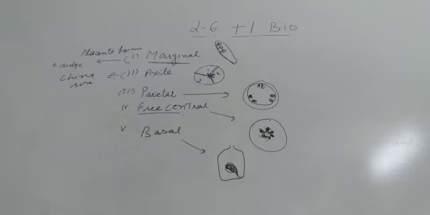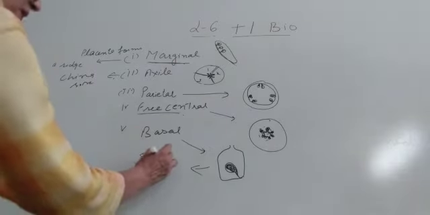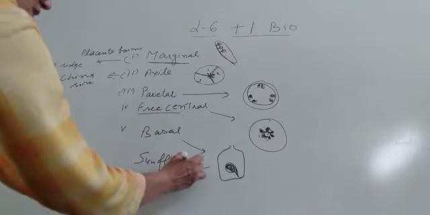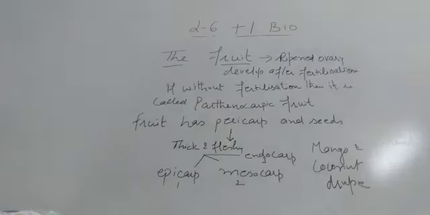In case of basal placentation, the placenta develops at the base of the ovary, and a single ovule is attached to it. Example is sunflower. So these are the different types of placentation depending upon the arrangement of ovules in the ovary.